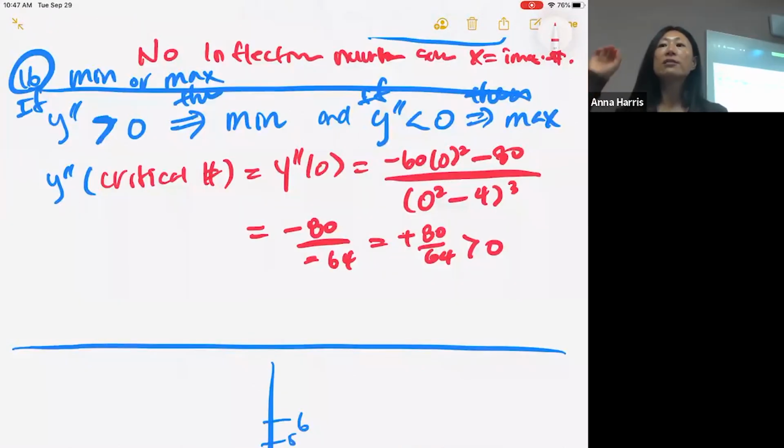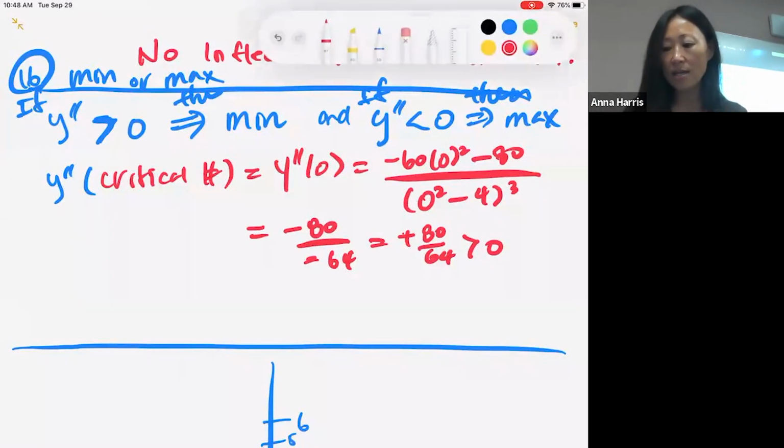Critical number is 0. So you plug the critical number into y double prime, which is 0. So negative 60 times 0 squared minus 80, divided by 0 squared minus 4 to the third power, which gives me negative 80 divided by negative 64, which is a positive number. So when y double prime is a positive number, do you have a max or a min? Min, that's right.